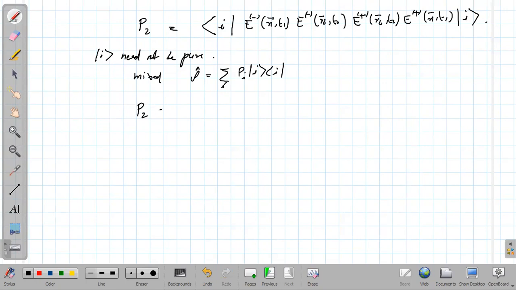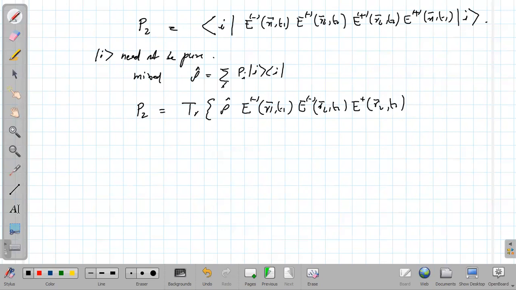This P2 is simply the trace of rho E−(R1 T1) E−(R2 T2) E+(R2 T2) E+(R1 T1). Good. So this is nothing but the G2.